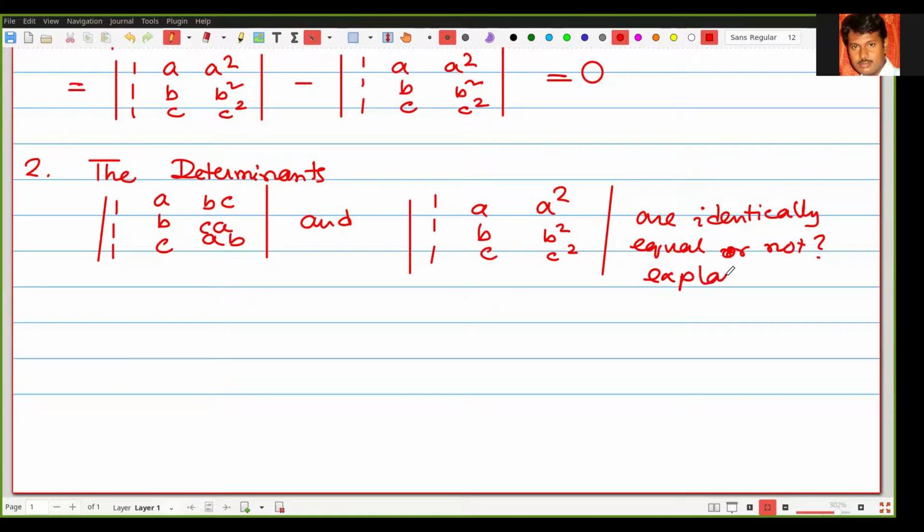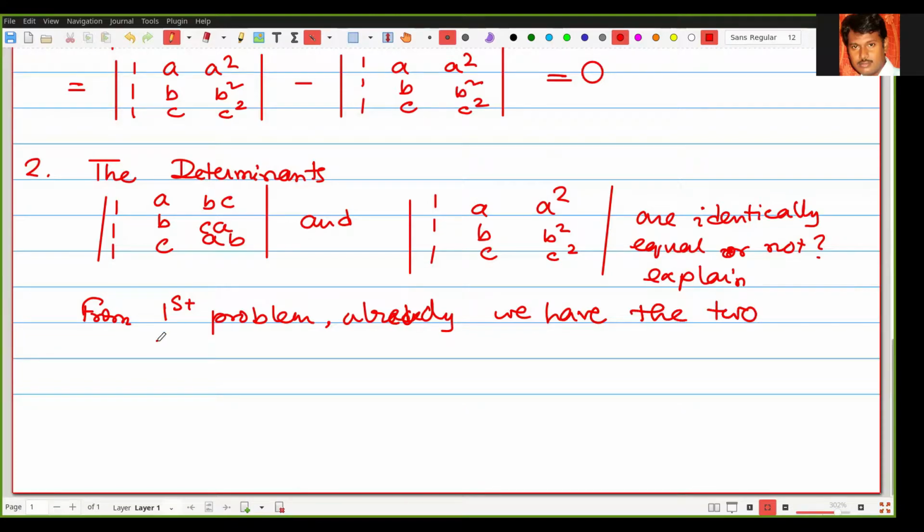Explain. Now from the first problem, already we have the two determinants are identically equal.